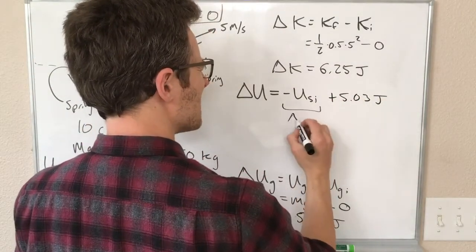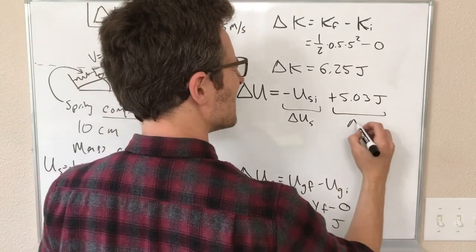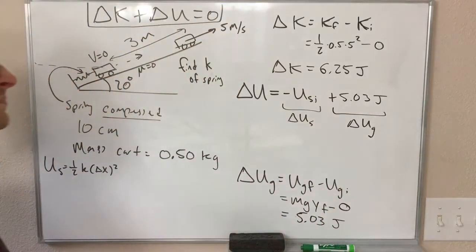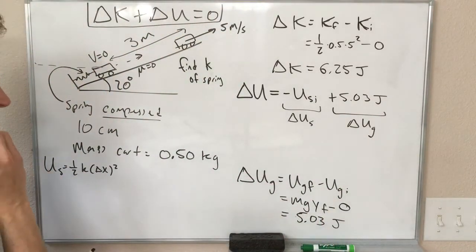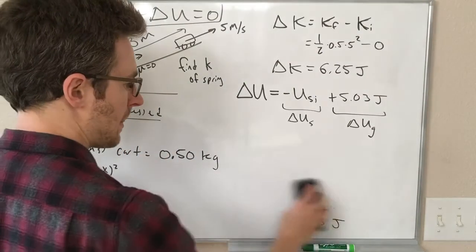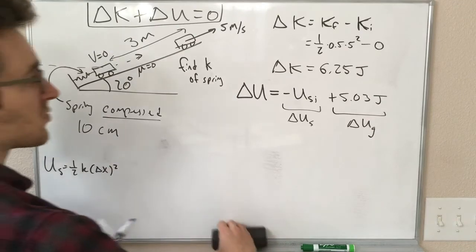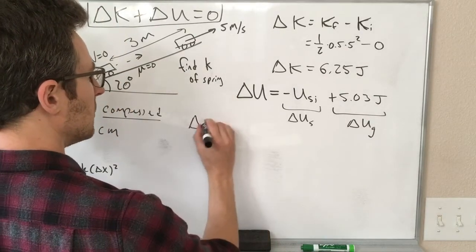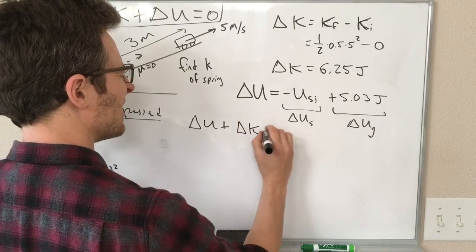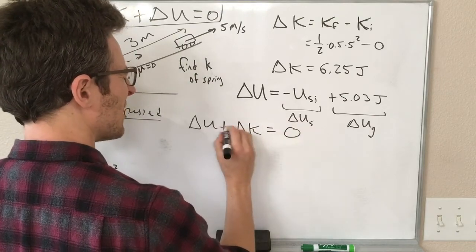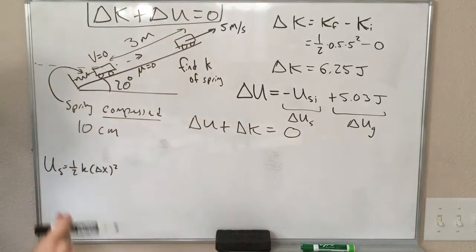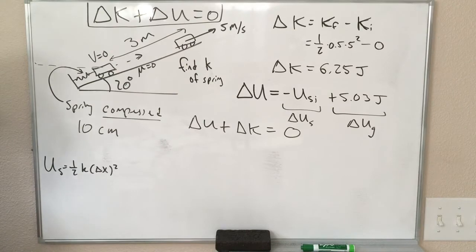So this is delta US, this is delta UG. And now we are almost done because we know that delta U plus delta K is equal to 0, right? This is what we said because mechanical energy is conserved in this problem.